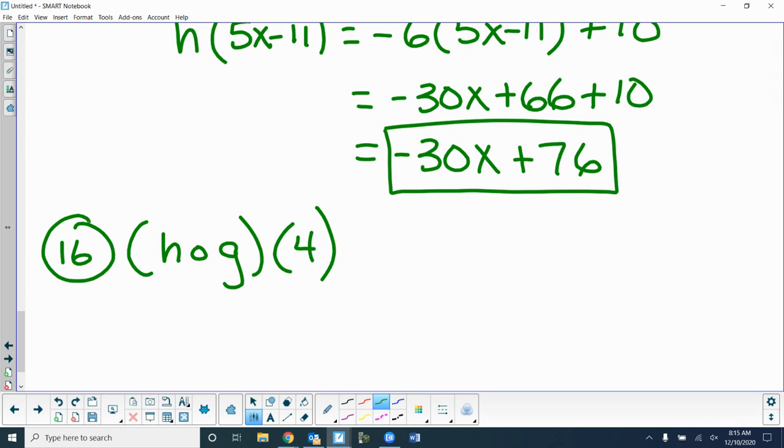Since we just did H of G already and got this answer, just plug 4 right there. See if you guys are paying attention. But at least in the practice, it worked that way. So I would just do that. Okay, which is negative 120 plus 76. What's that? Negative 44.